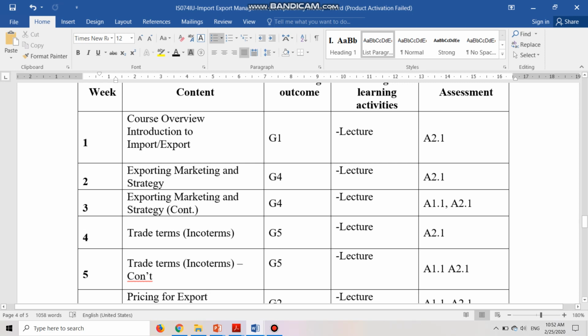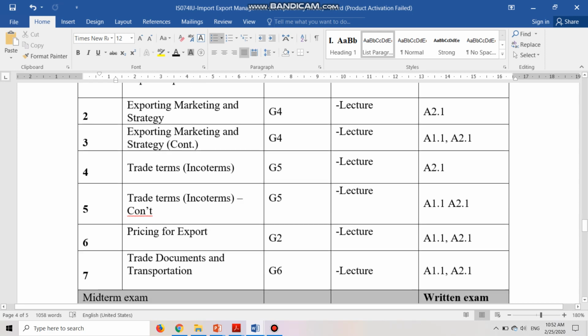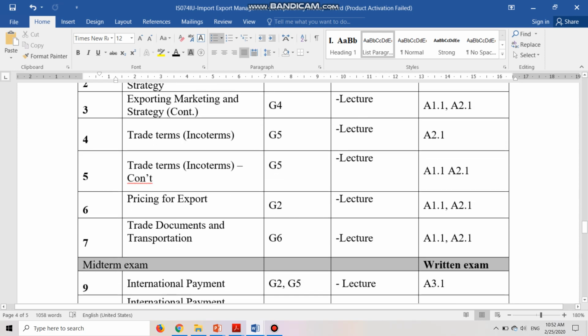And in the second week and third week, we will learn about marketing and strategy of exporting. And the fourth week and fifth week, we will learn about the trade terms, that is Incoterms. And then we will learn about pricing for export, how to calculate price when we export products.